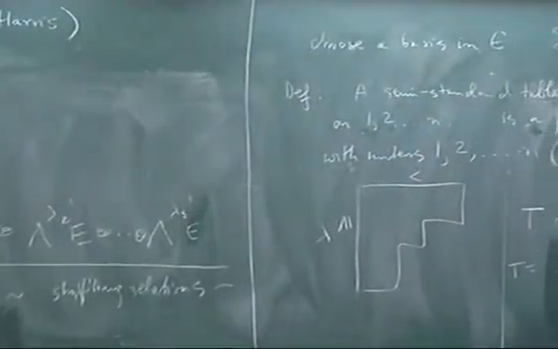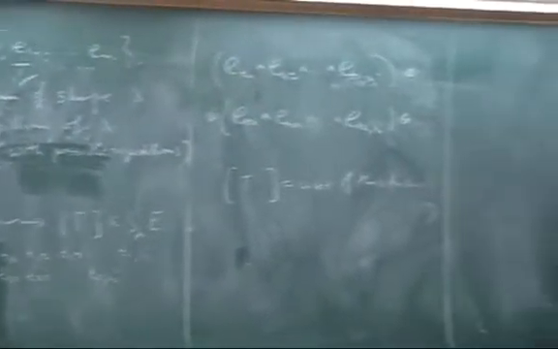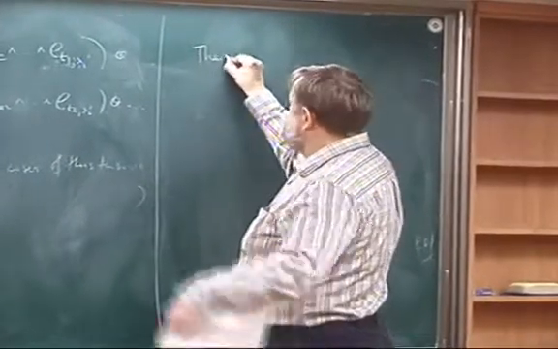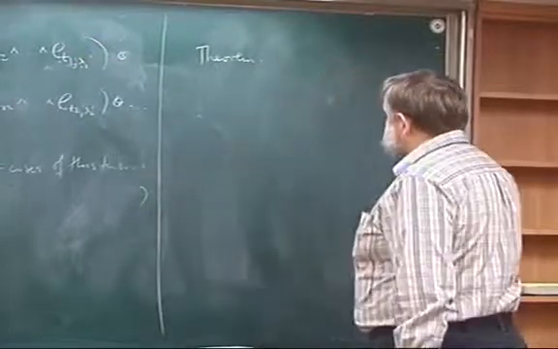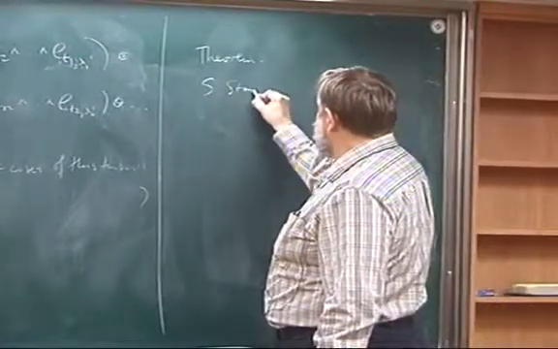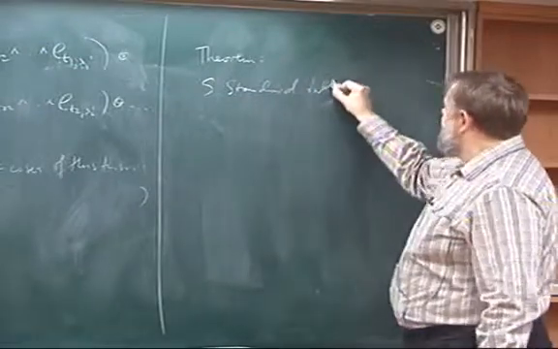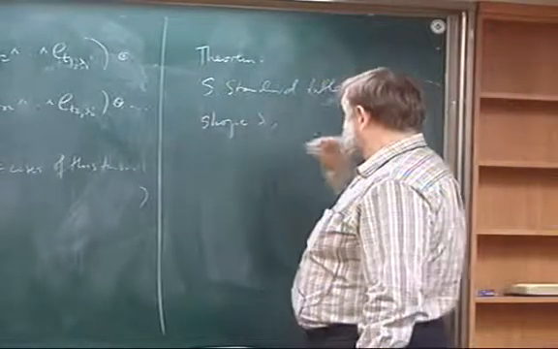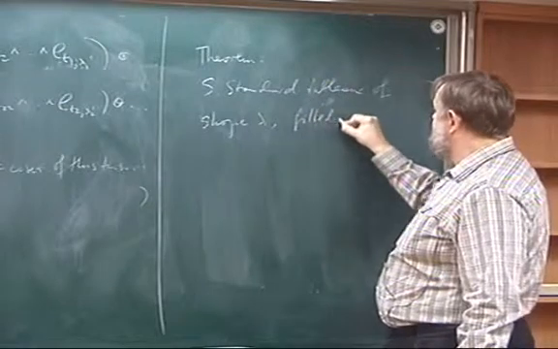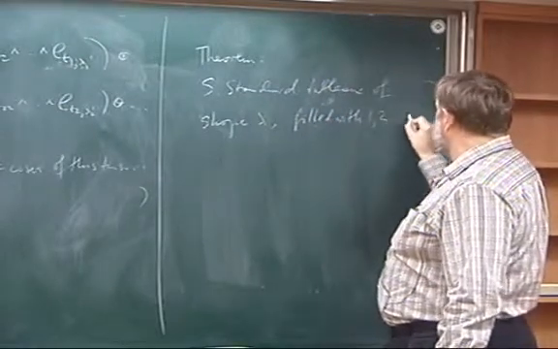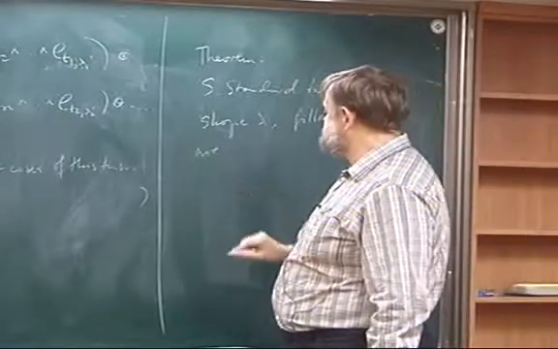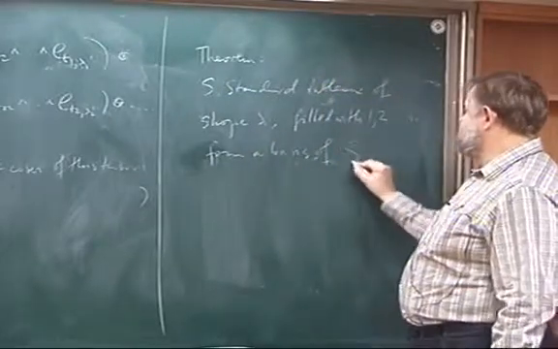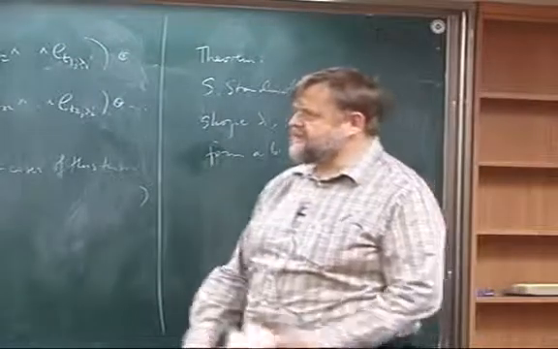Okay, so the theorem that you can again read in Fulton and Harris, going back at least to Young, is that the tensors corresponding to semi-standard tableaux of shape lambda, filled with 1, 2, ..., n, form a basis of this S_lambda E. So that's some kind of a way of viewing this Schur functor.